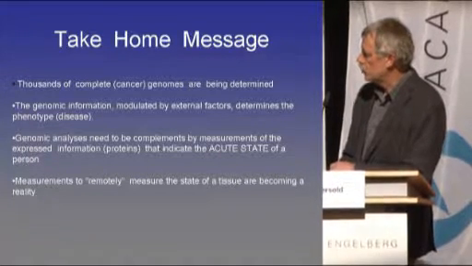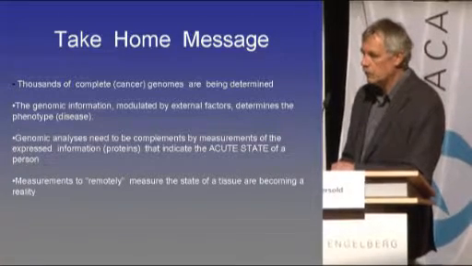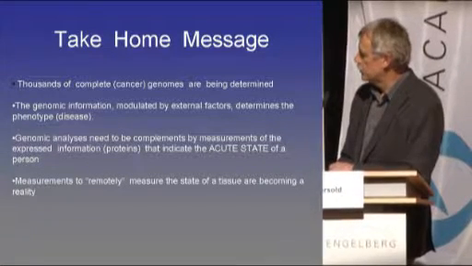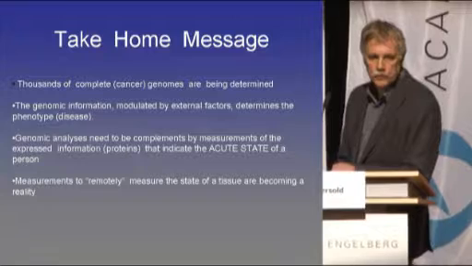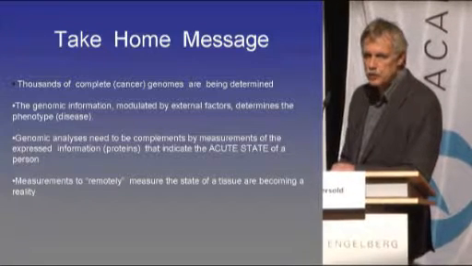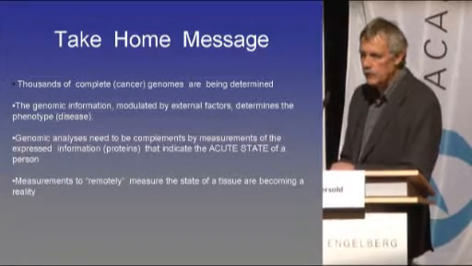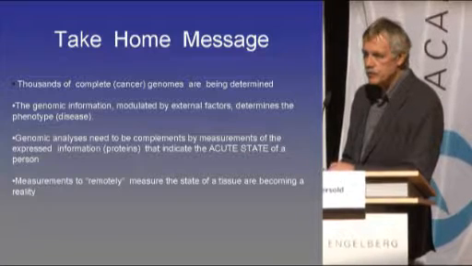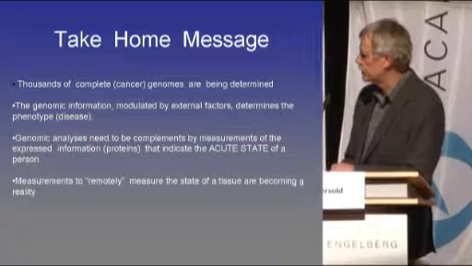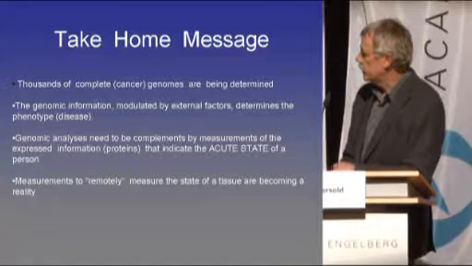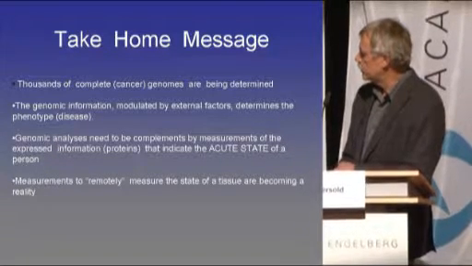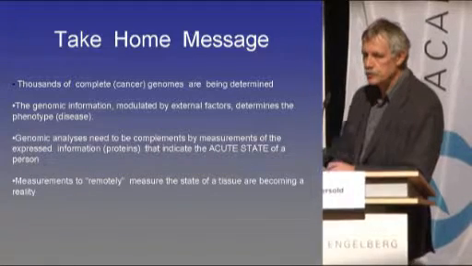We think that genomic analysis needs to be complemented by measurement of the expressed information. George talked about measuring the expressed information at the level of messenger RNA. And our core business is to measure expressed genomic information at the level of the proteins, so that we could determine the acute state of a tissue, of a person, or of a cell.